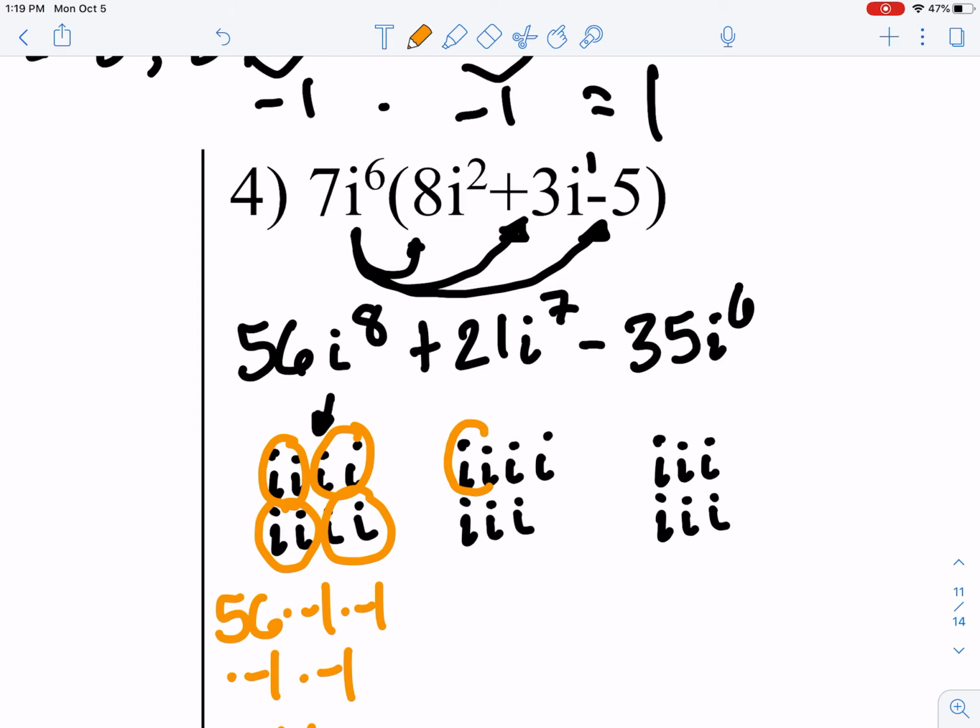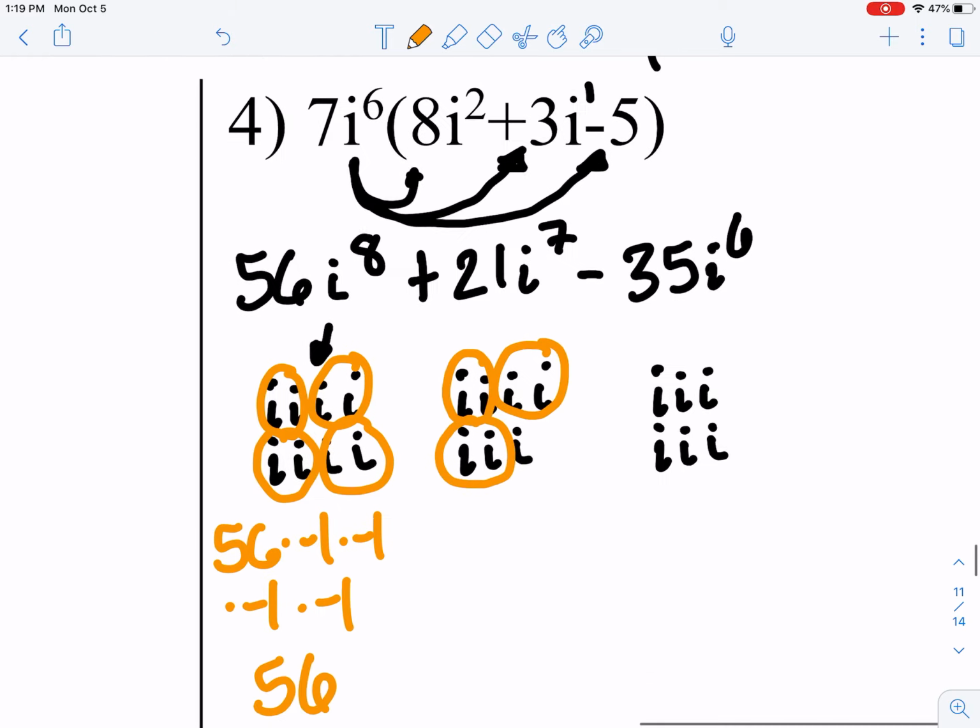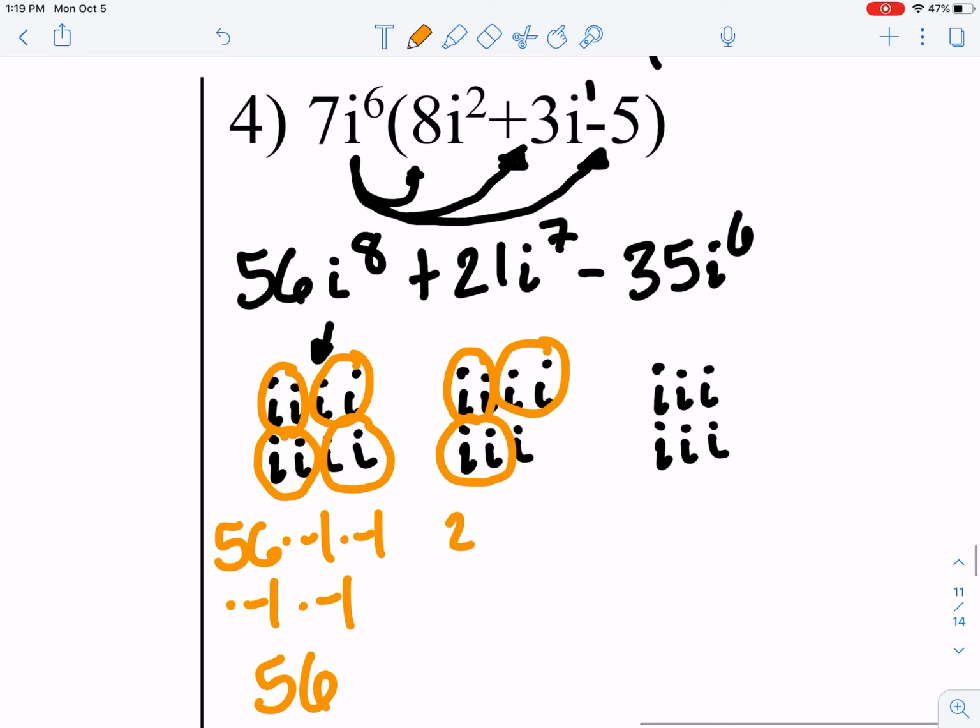I to the 7th. 1 group, 2 groups, 3 groups. This will be 21 times negative 1 times negative 1 times negative 1 times I. Negative 1 times negative 1 is 1. Times 21 is 21. That's minus 21.